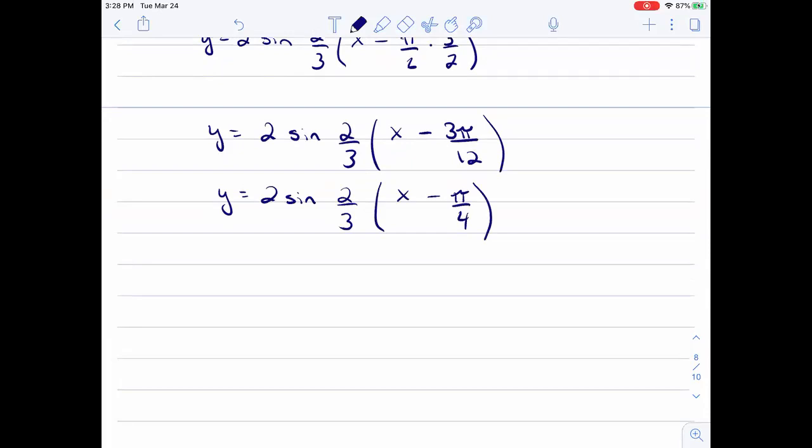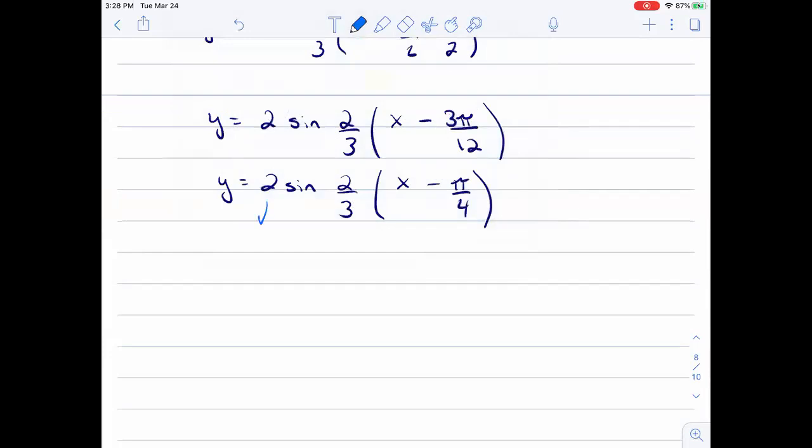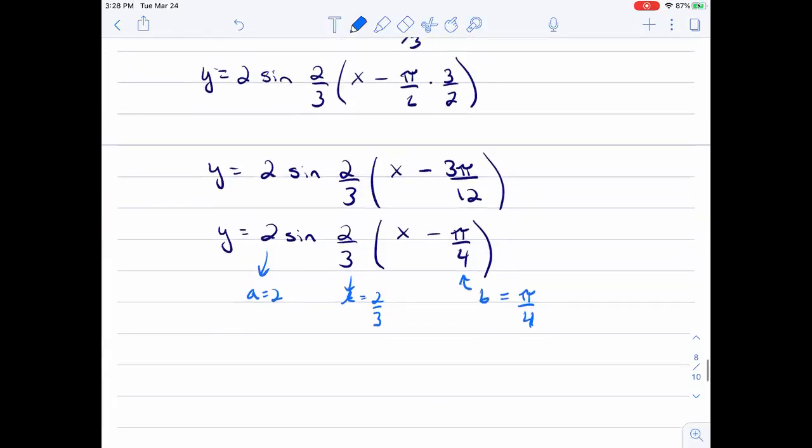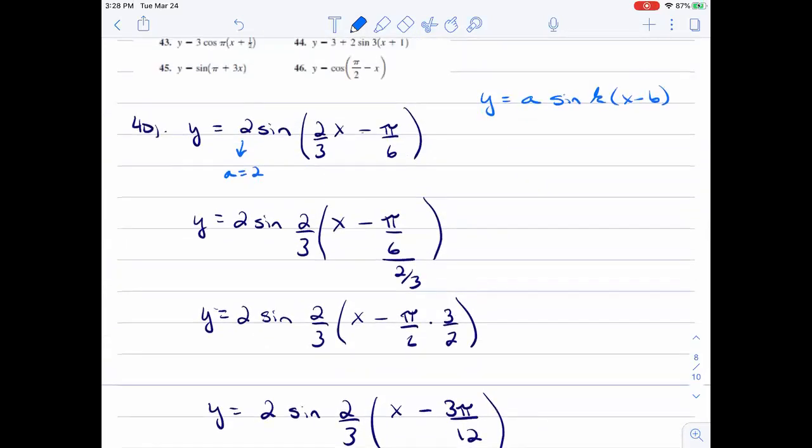So now I can say, okay, a is 2, k is 2 over 3, and b is pi over 4, positive, because they're already in the form x minus b, to match y equals a sine k times x minus b.